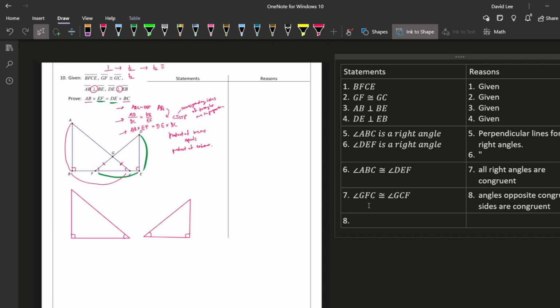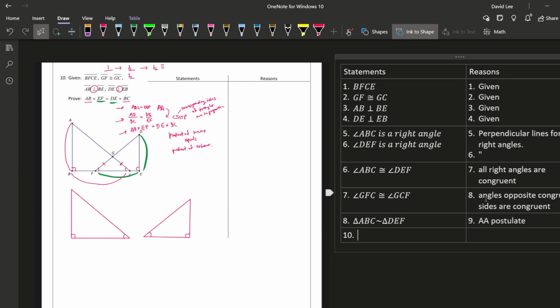Okay, so now we have two angles, so now we can say triangle ABC is similar to triangle DEF. Remember, the order matters, so I'm just double checking. A to B to C is similar to D to E to F. The middle letter is a right angle. And this is angle-angle, you say postulate or whatever.